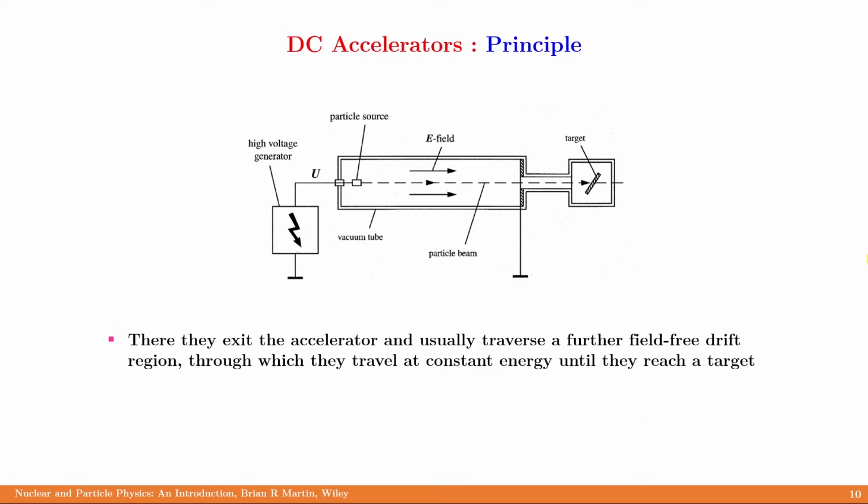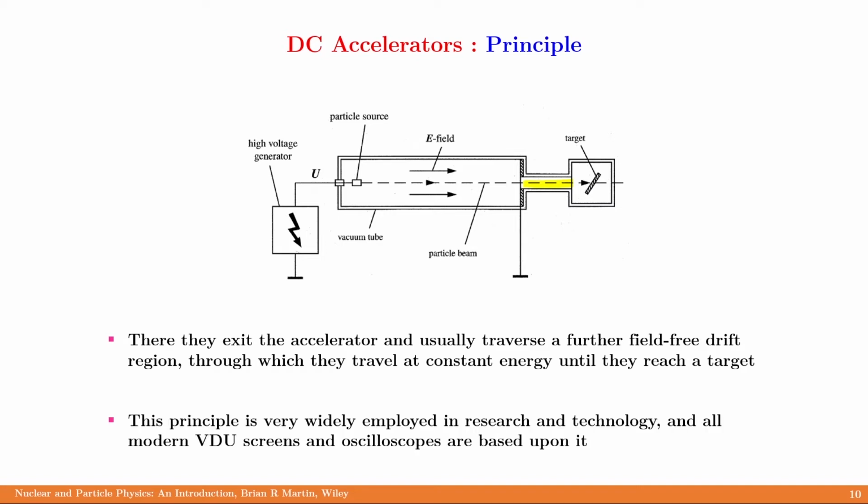There, they exit the accelerator and usually traverse a further field-free drift region through which they travel at constant energy until they reach a target. This principle is very widely employed in research and technology, and all modern video screens and oscilloscopes are based upon it.